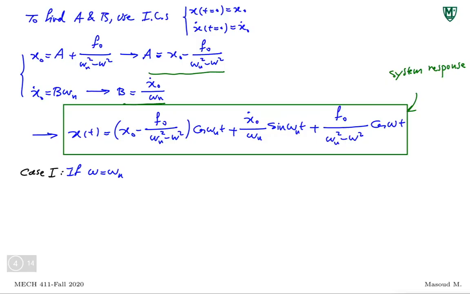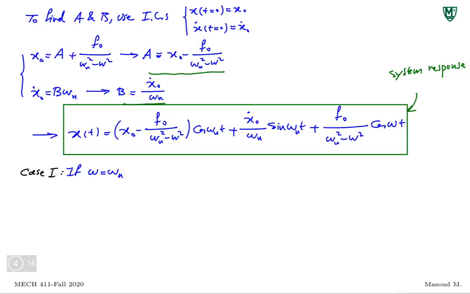If you look at the system response, we have two fractions there, f naught over omega n squared minus omega squared. That fraction appears in two terms. Now, the problem is that the denominator becomes 0. So this solution doesn't hold. It becomes infinity and doesn't make sense. How can I plot this, or how can I use this to show the system response?